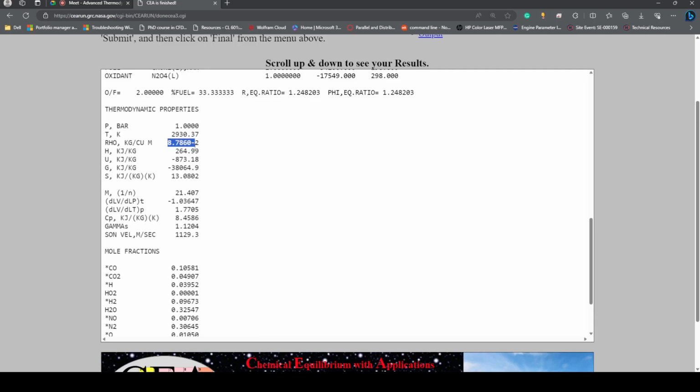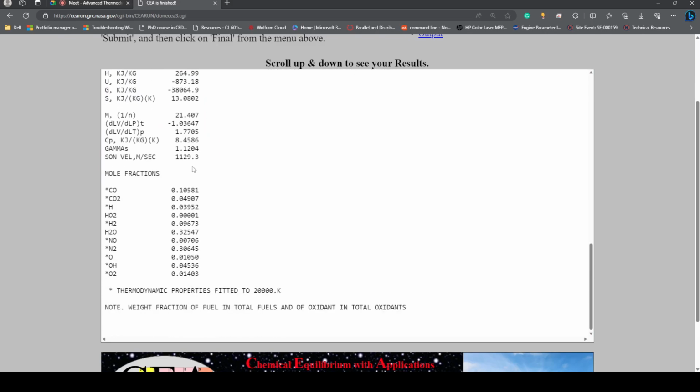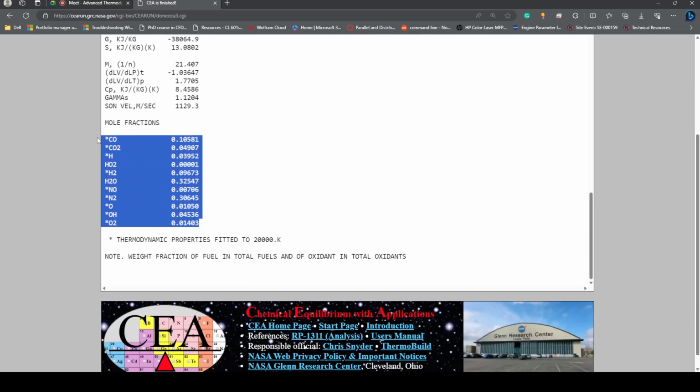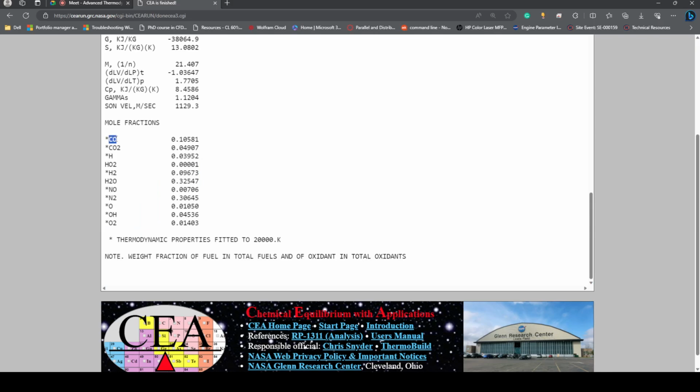In addition, they also give rho, enthalpy, internal energy, free energy, and entropy. Another important thing is the product composition here. Here you see you have CO, CO2, H, HO2, H2, H2O, NO, NO2, O, OH, O2.